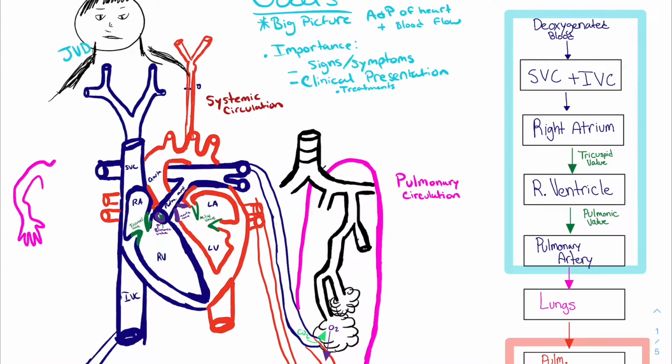Deoxygenated blood, so blood that's been used in the tissues, in the brain, in the gut, in the spine, lower extremities, the muscles, all of that blood is going to flow back in the veins back towards the heart.